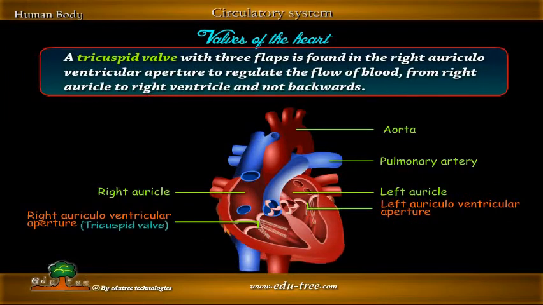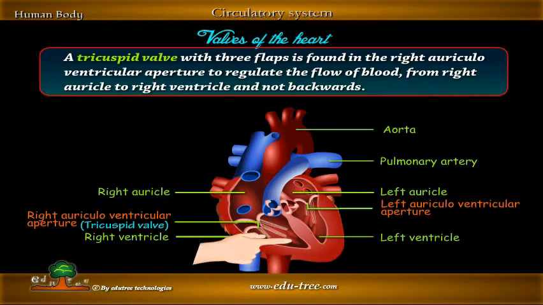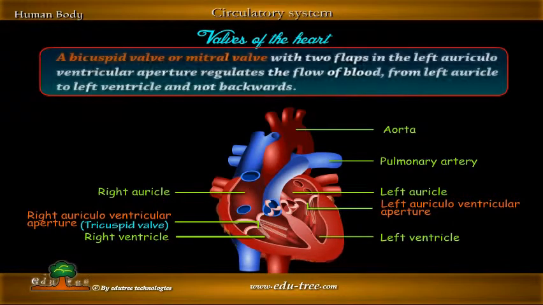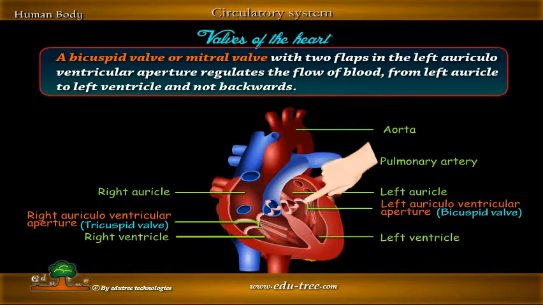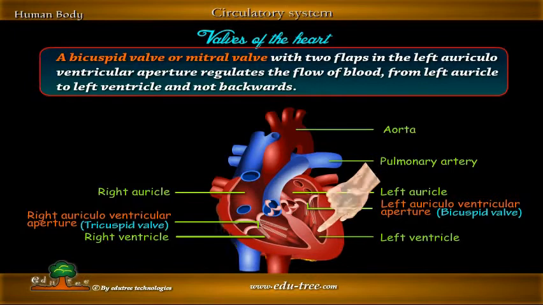A tricuspid valve with 3 flaps is found in the right auriculoventricular aperture to regulate the flow of blood from right auricle to right ventricle and not backwards. A bicuspid valve or mitral valve with 2 flaps in the left auriculoventricular aperture regulates the flow of blood from left auricle to left ventricle and not backwards.